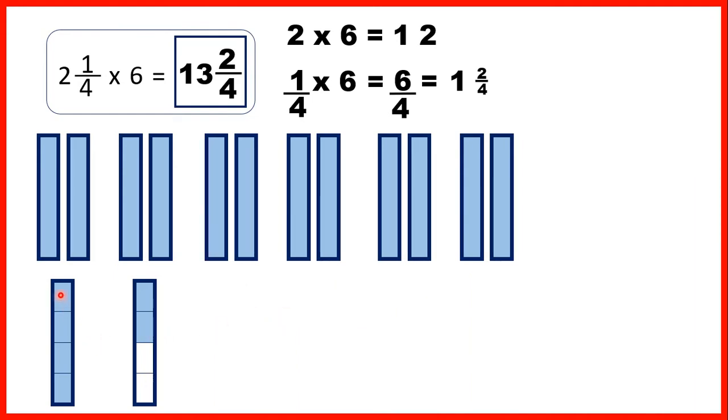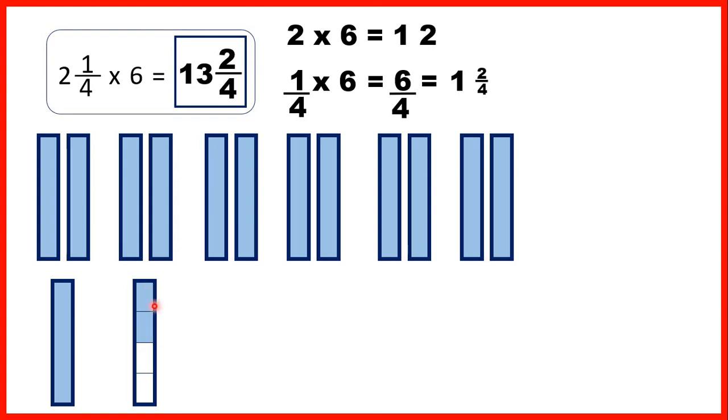But for this first bar, the whole bar is shaded, so we have an extra 1 whole, and we have 2/4 of another. So altogether we have 13 2/4. 13 because we have 12 here and 1 here, and we have our 2/4.